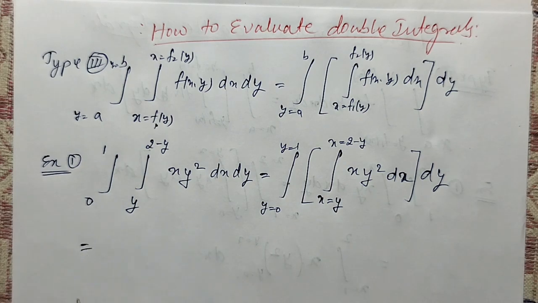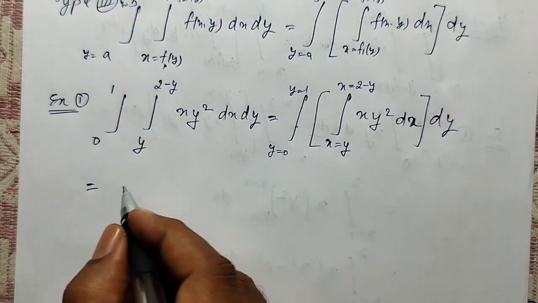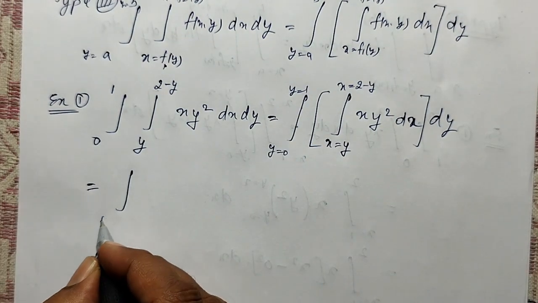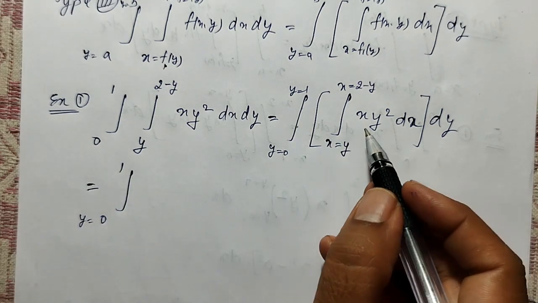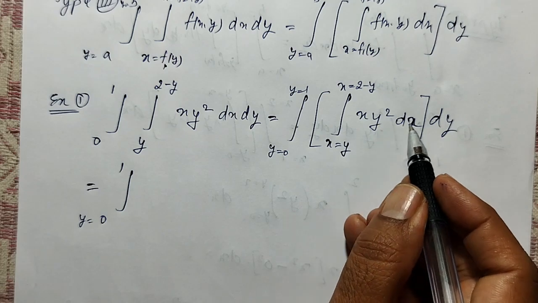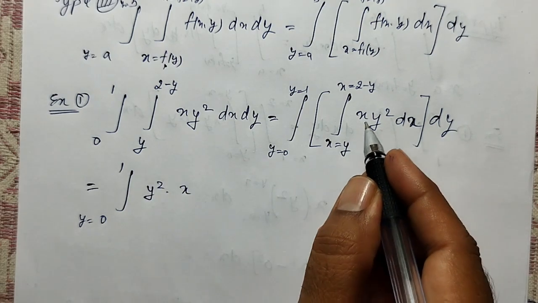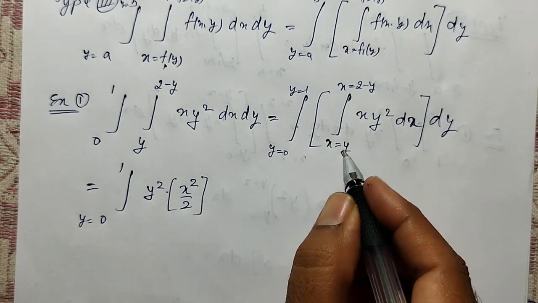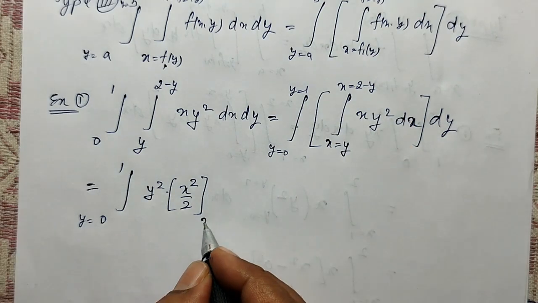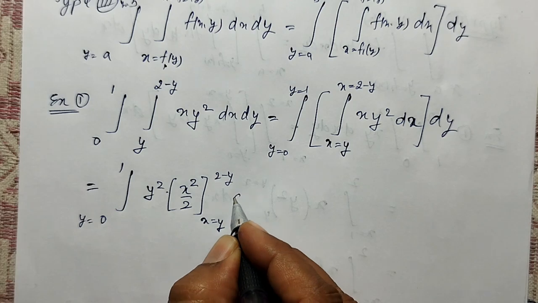Therefore, in my next step, this outside limit integration I will keep as it is, 0 to 1, that is nothing but y equal to 0 to 1, and integration of x y square with respect to x. Therefore, y square is constant, and the integration of x is x square divided by 2 between the limits x equal to y to 2 minus y, into dy.